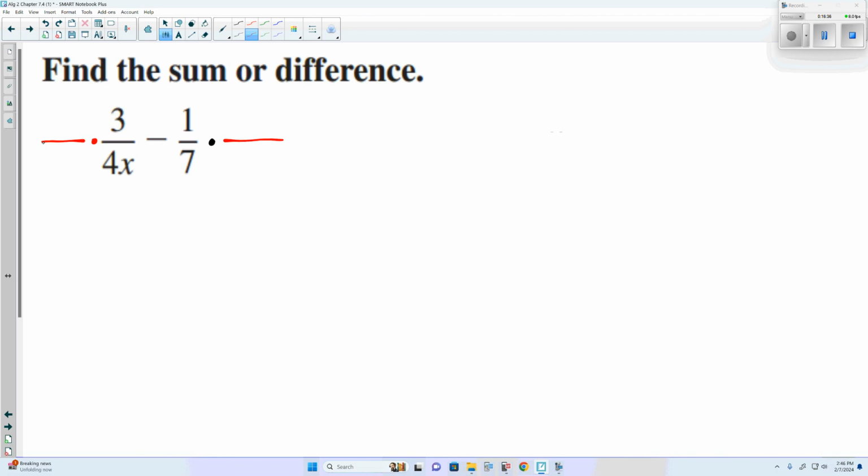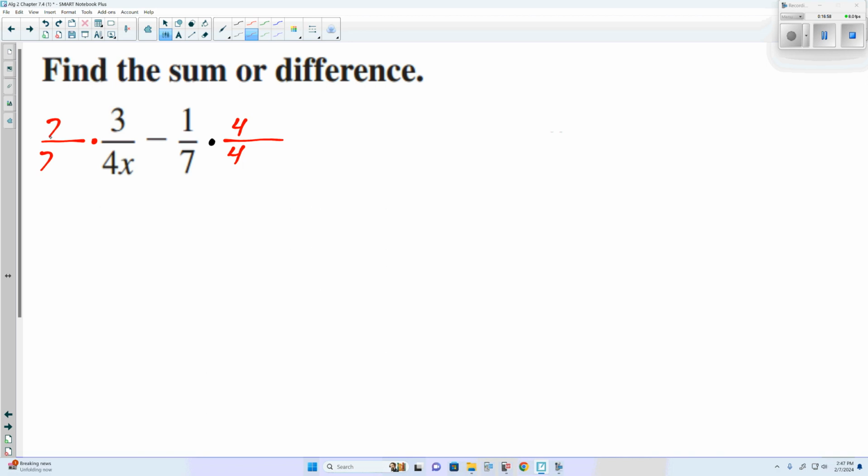Now with numbers, what is the first number we can turn both 4 and 7 into? 28. And that would be 4 times 7 or 7 times 4.